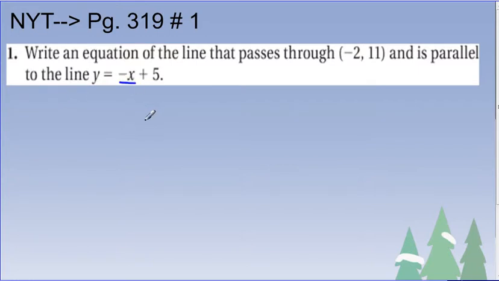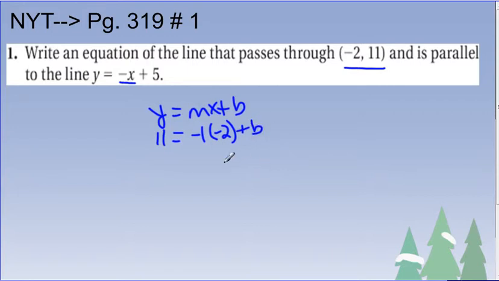Slope we have here is negative 1 again, and there's our point. So y equals mx plus b. The slope is negative 1 from here. The x value we're going to use is negative 2. The y value we're going to use is 11. And we've got to find the b, the intercept. So math this up a little bit. We got 2 plus b equals 11. Solve it.